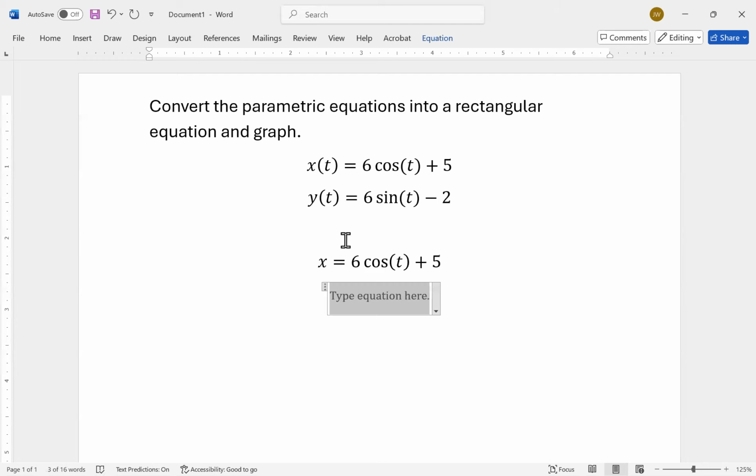So I will subtract 5 from both sides, and then divide by 6. This tells me that x minus 5 over 6 is equal to cosine.